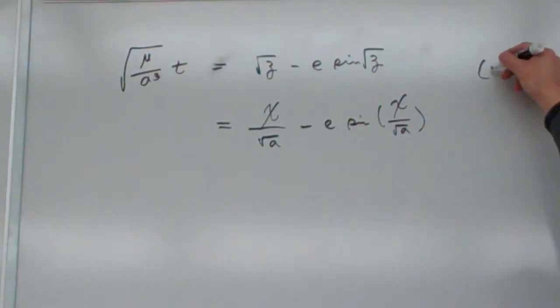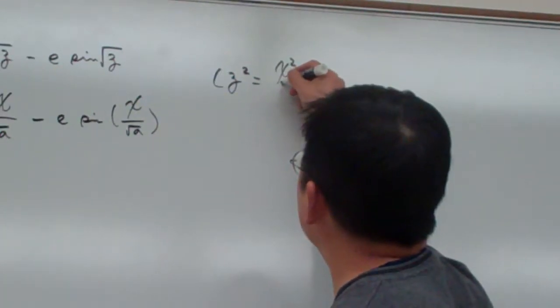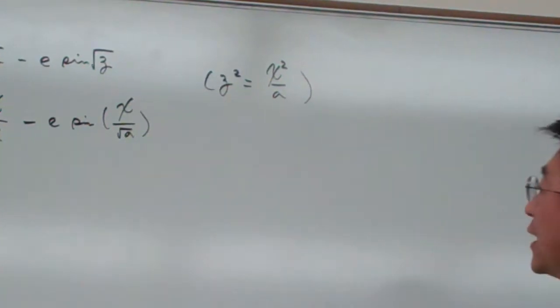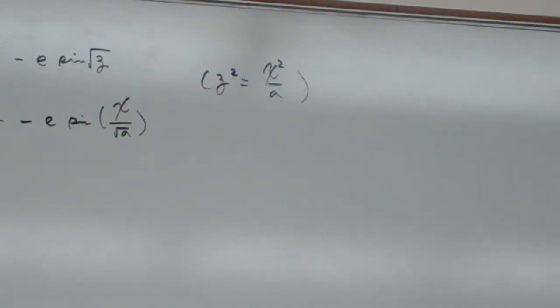Okay, and here we have the definitions Z squared equal to x squared divided by a. Okay, so that is the definitions here we introduced.